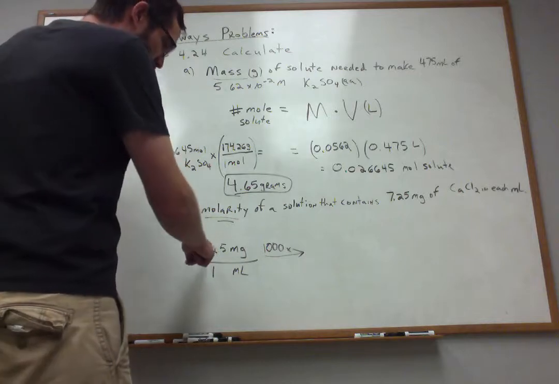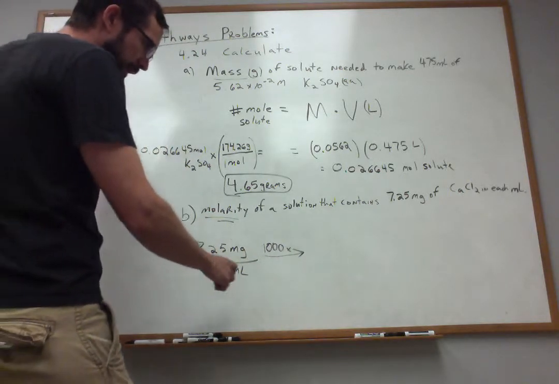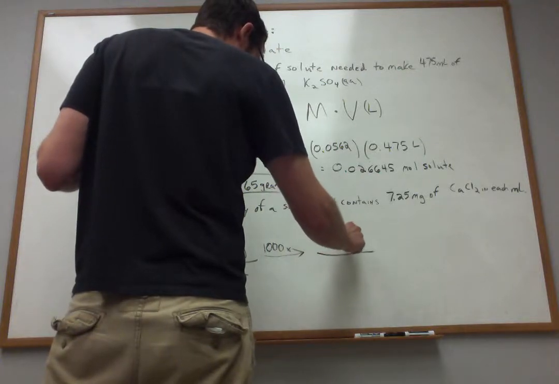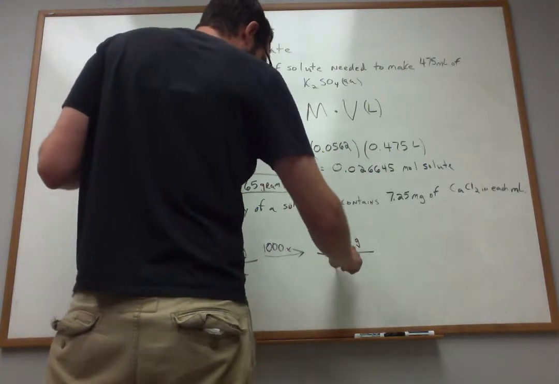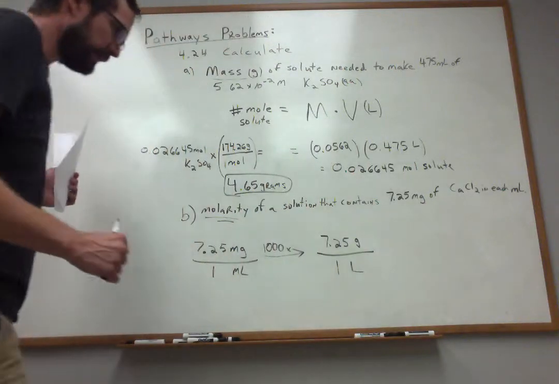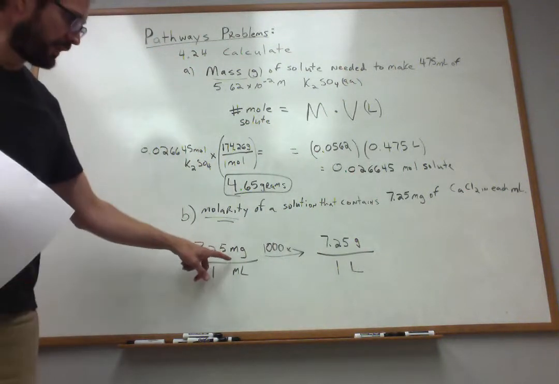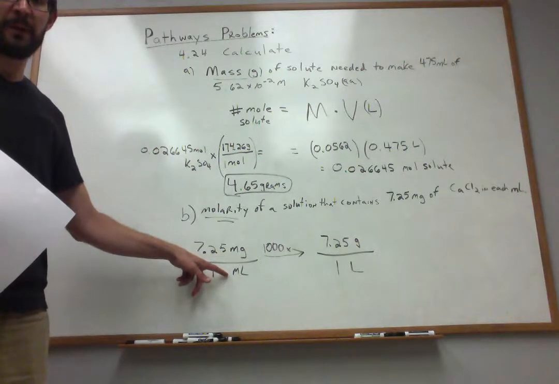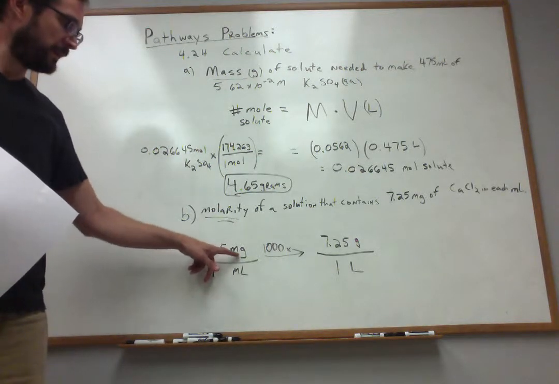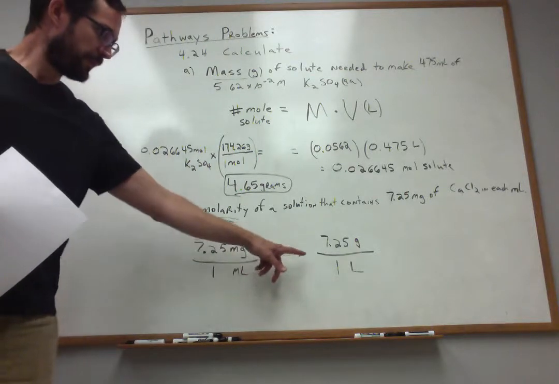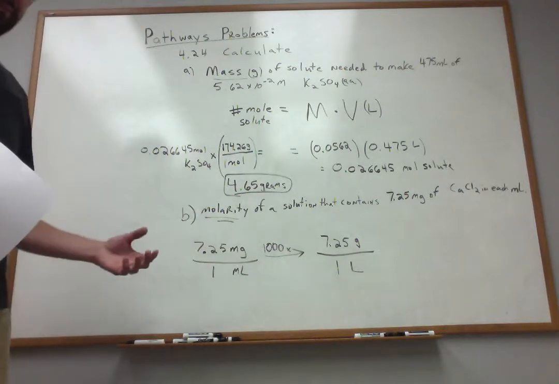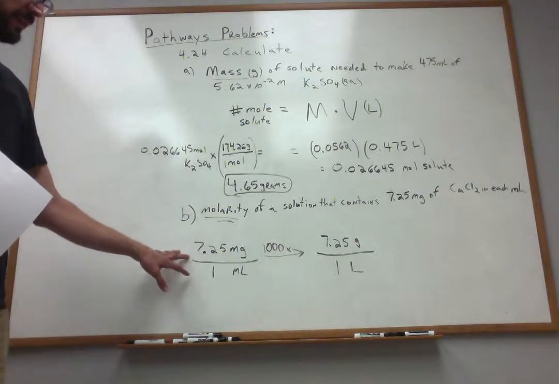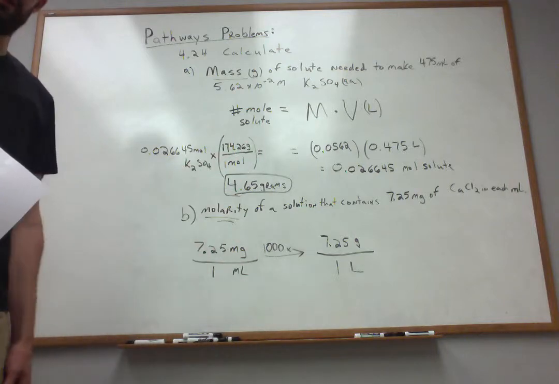So isn't 7.25 milligrams per milliliter essentially then equivalent to 7.25 grams per liter? All I've done is I've lost this milli prefix in both cases by multiplying both the numerator and the denominator by 1,000. So now I'm in grams per liter. So 7.25 grams per liter is physically equivalent to 7.25 milligrams per milliliter. It's just that this is a scaled down unit, and you can think of that one as being scaled up.